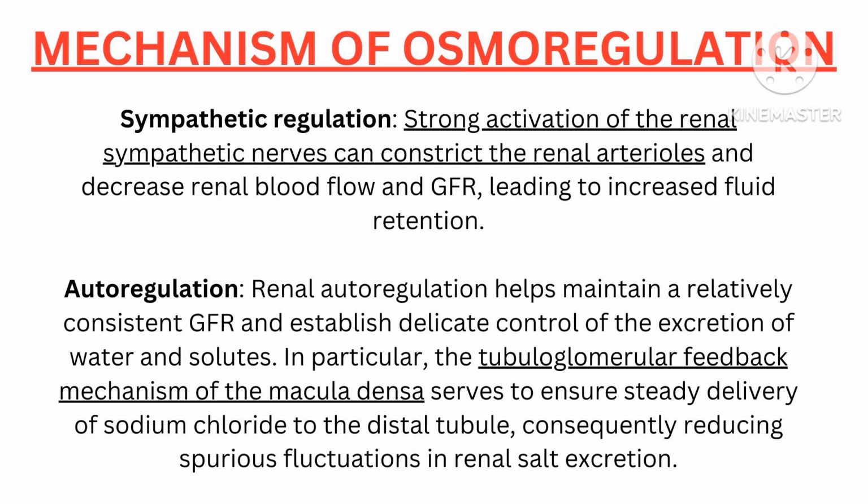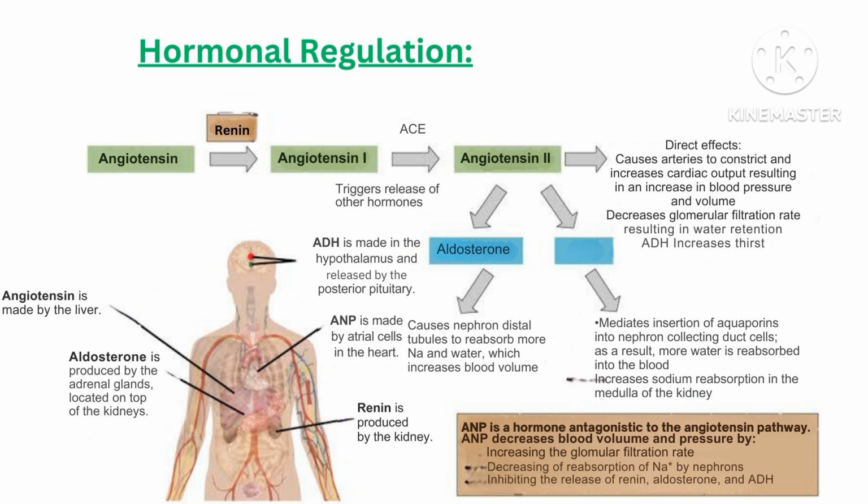In particular, the tubuloglomerular feedback mechanism of the macula densa serves to ensure steady delivery of sodium chloride to the distal tubule, consequently reducing spurious fluctuations in renal salt excretion.